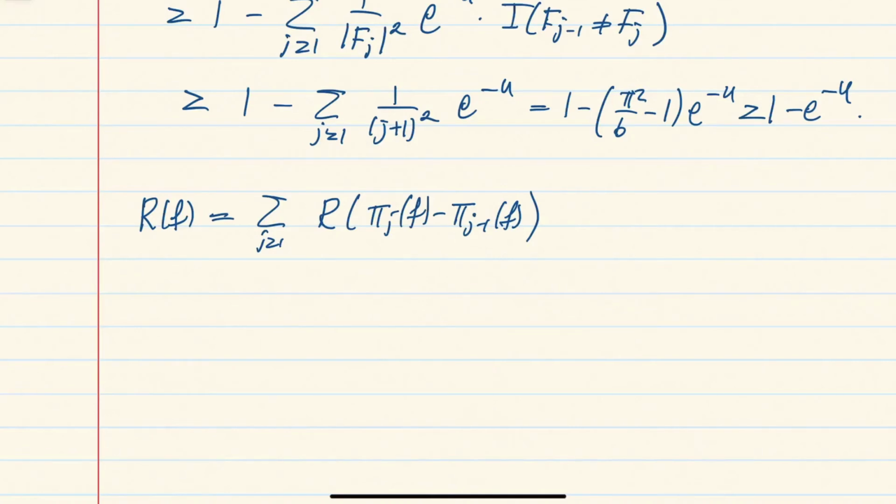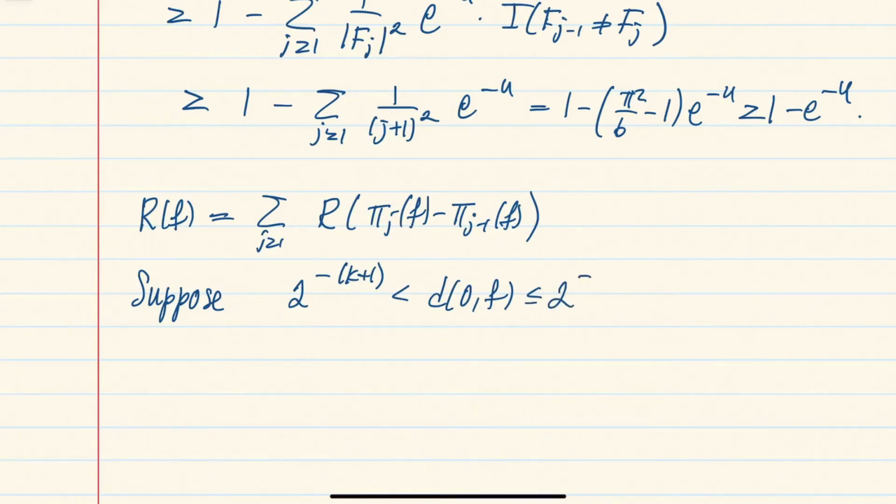our function from 0. So let's suppose that the distance of f from 0 is between 2 to the minus k plus 1 and 2 to the minus k.